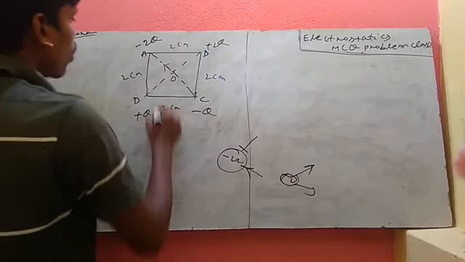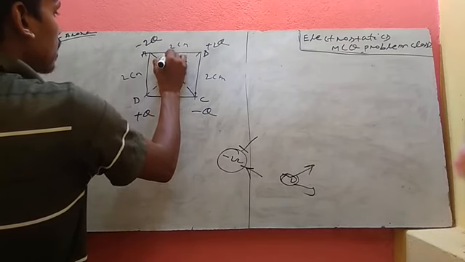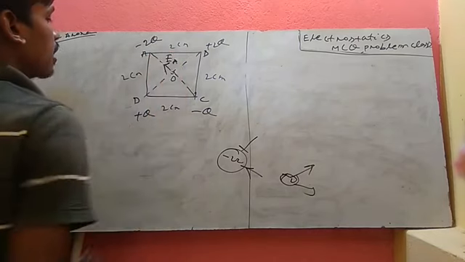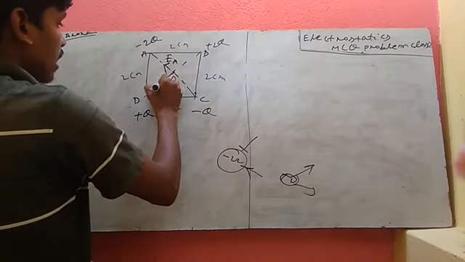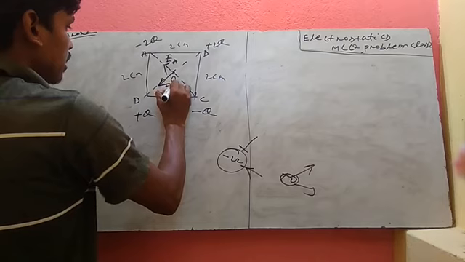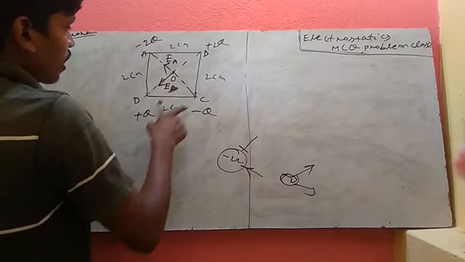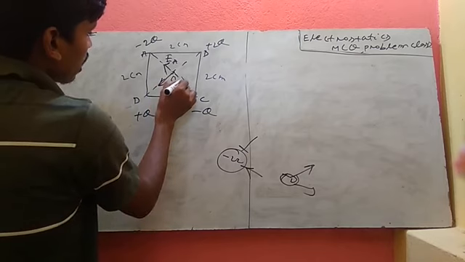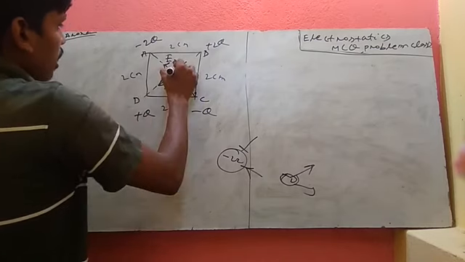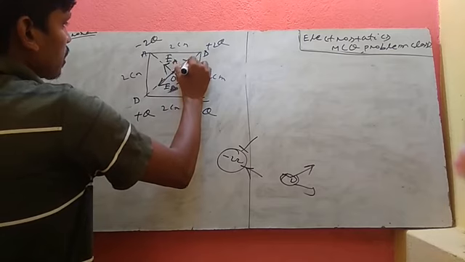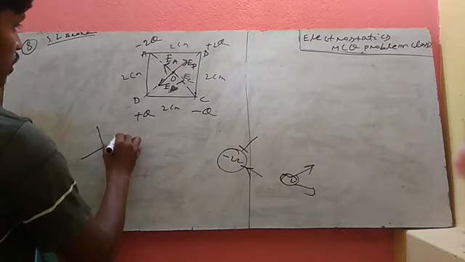So the field is inward, and this field is known as EA. Due to the positive charge, the field is in this outward direction, named EB. Due to C, the electric field is EC. Due to D, the electric field is in this direction, ED.